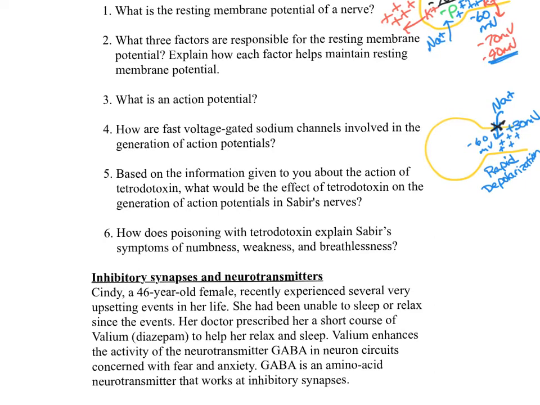And in the sensory neurons, that means that numbness would occur because sensory information would not be able to pass along on those sensory neurons. And any motor neurons going to the muscles would be blocked. The conduction of action potentials in those motor neurons would be blocked, and that would cause weakness and paralysis. So weakness and paralysis of respiratory muscles like the diaphragm and intercostals would be the cause of his breathlessness.